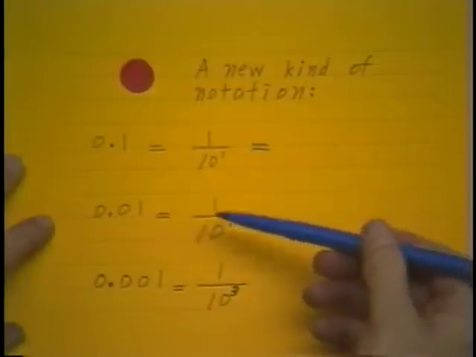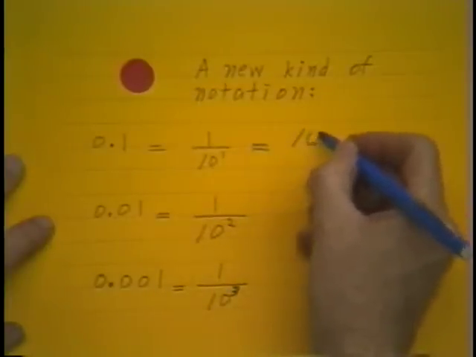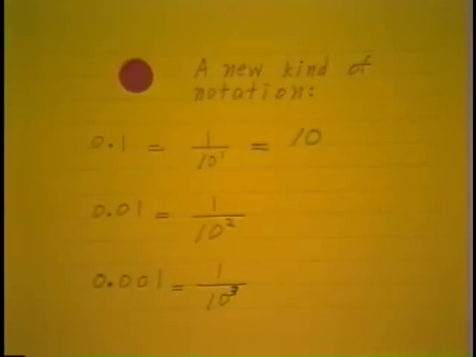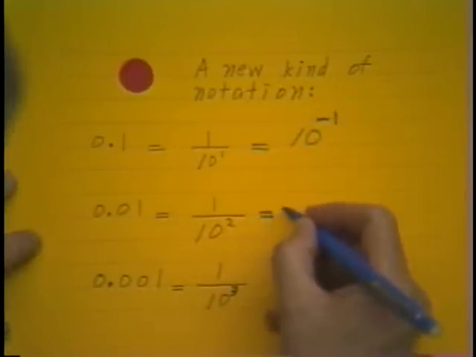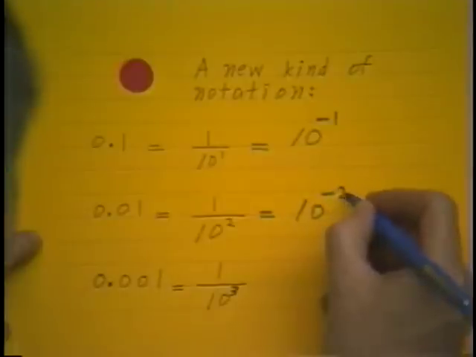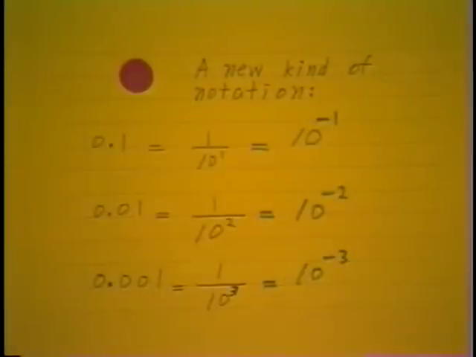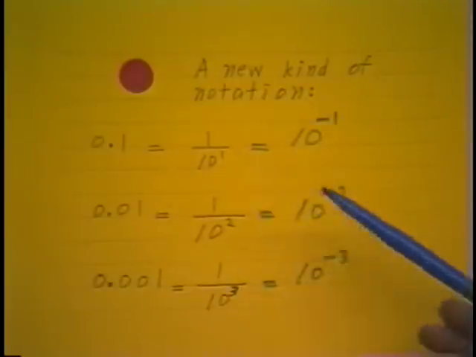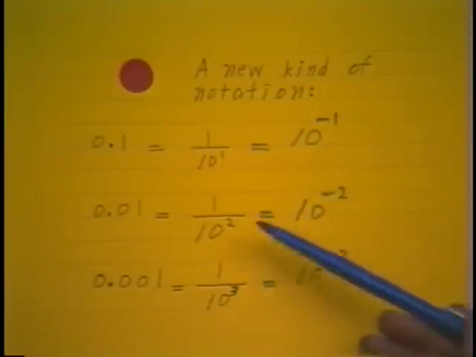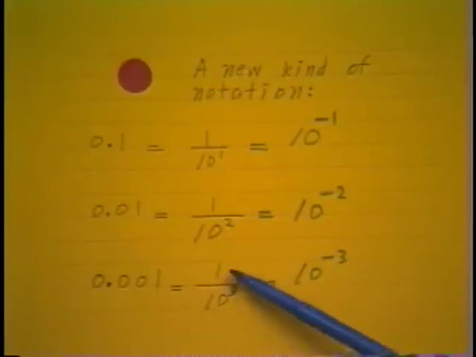Rather than writing these powers of tens in denominators, let's write it that way and use a minus sign in front of the exponent. And the minus sign will mean by agreement the reciprocal of 10 to the 1st, the reciprocal of 10 to the 2nd, the reciprocal of 10 to the 3rd, and so on.